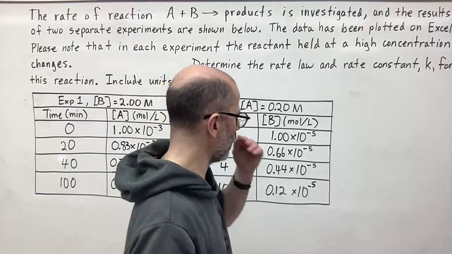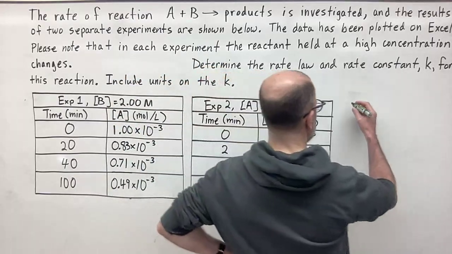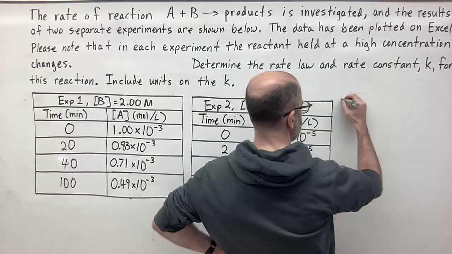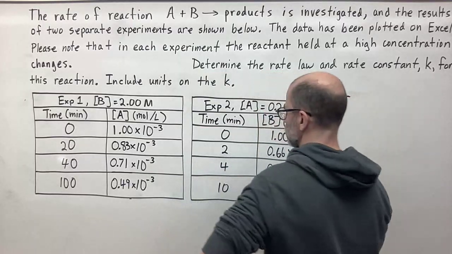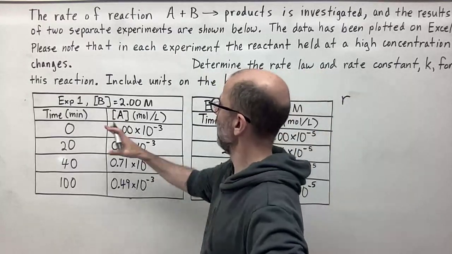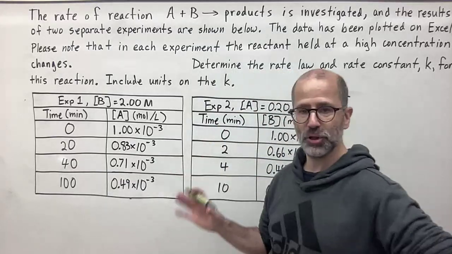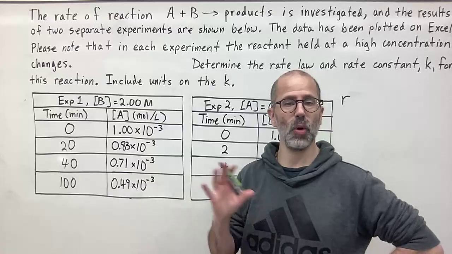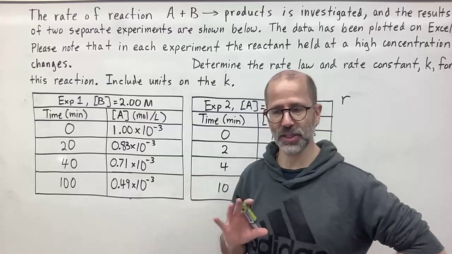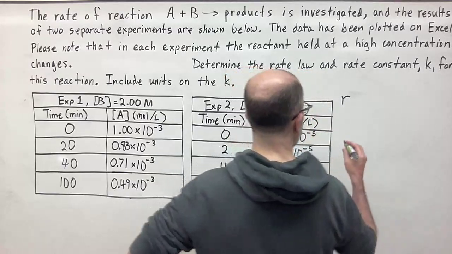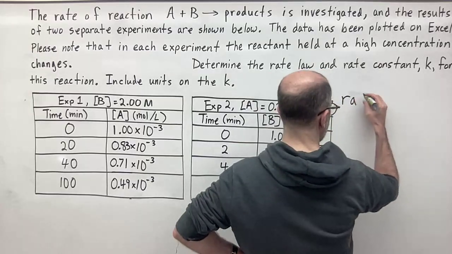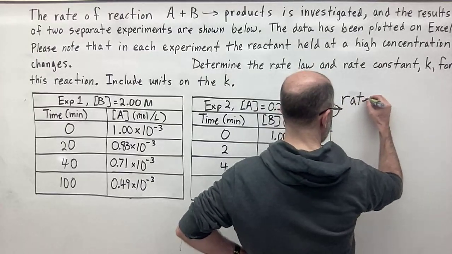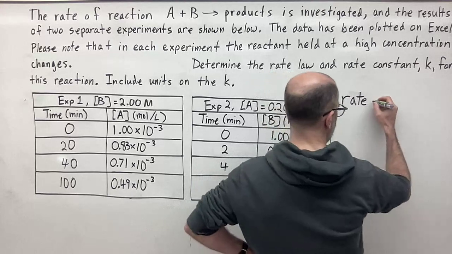So the way we could express this is in terms of the rate law. For example, for this reaction we have A plus B, two reactants, and we're going to figure out to what order they are affecting the rate. But let's write out what a rate law would look like in a generic reaction.